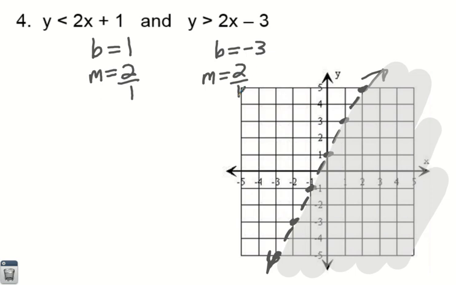This one also has an m value of 2. These have the same slopes, which means they're going to be parallel. Begin with b, though. Up 2 over 1, up 2 over 1. And this one's also dashed, isn't it?